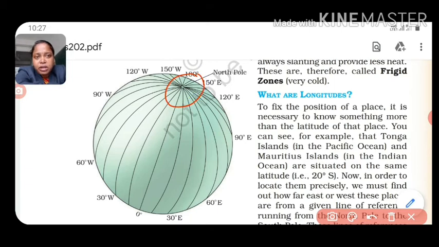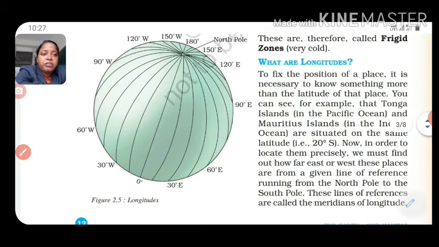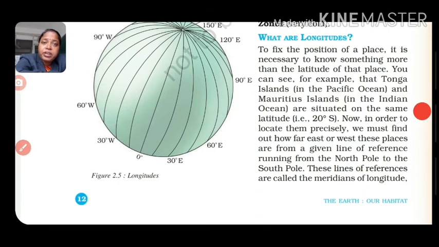They start from this point and run down to the South Pole area. These are known as the meridians of longitude. So students, here we get the idea of how we see the meridians of longitude on the globe.